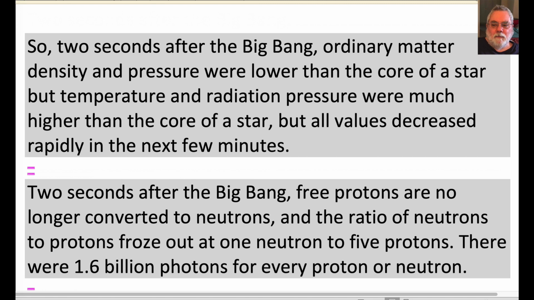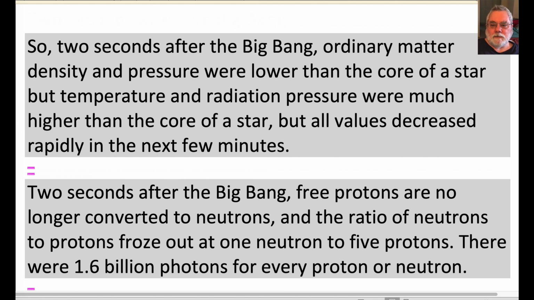2 seconds after the Big Bang, free protons are no longer converted to neutrons, and the ratio of neutrons to protons froze out at 1 neutron to 5 protons. There were 1.6 billion photons for every proton or neutron. 2 seconds after the Big Bang, the average photon energy was 2.2 million electron volts, so were gamma rays, which could still create electron-positron pairs, though this will end soon.